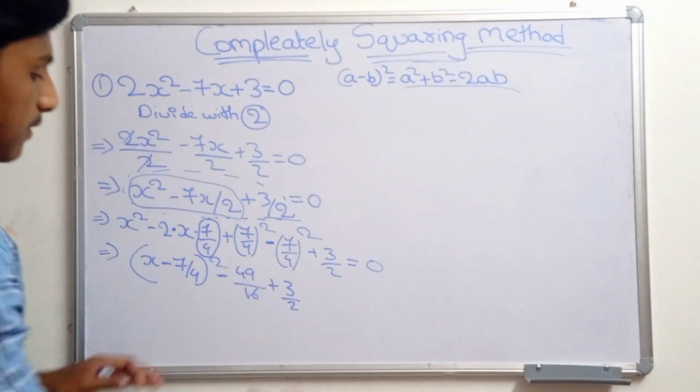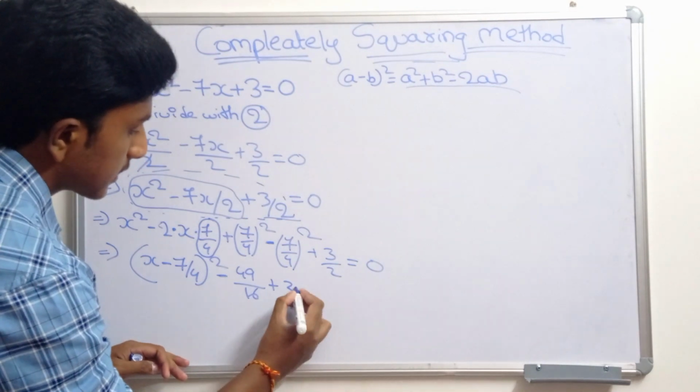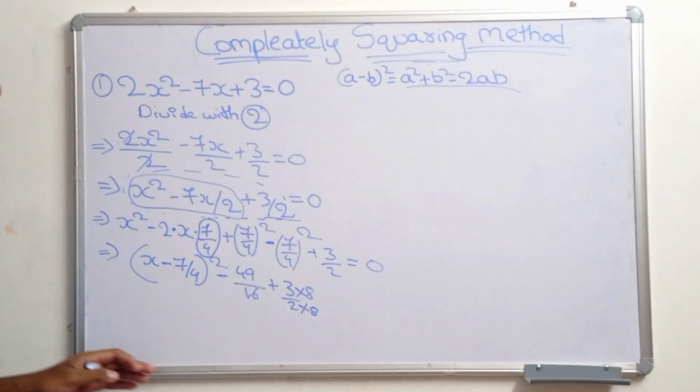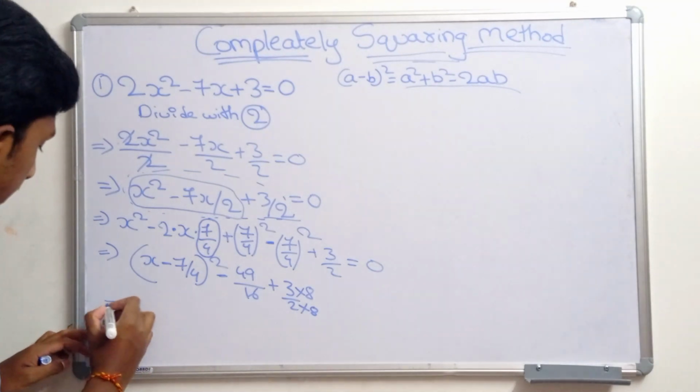So we'll take the LCM here. 2 8s are 16, 3 8s are 24. I have multiplied with 8 on the numerator and denominator.